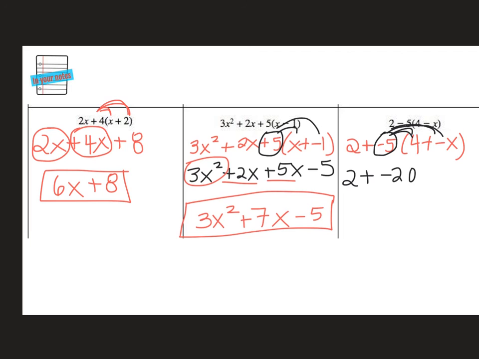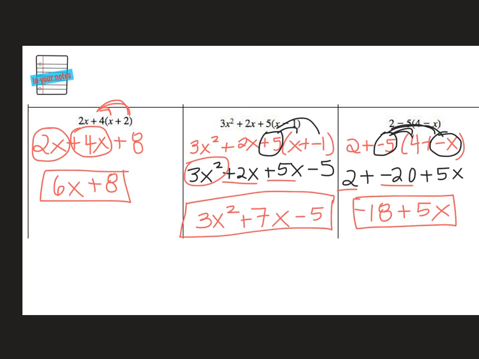Negative 5 times negative x, see how this is a negative here, gives us a positive 5x. Now my like terms are 2 and negative 20, which give me negative 18 plus 5x, and I cannot combine any further.